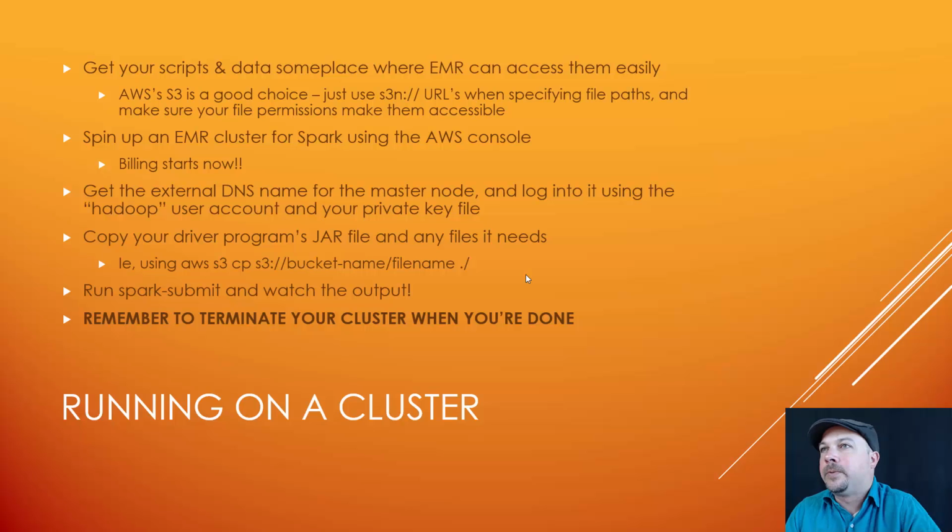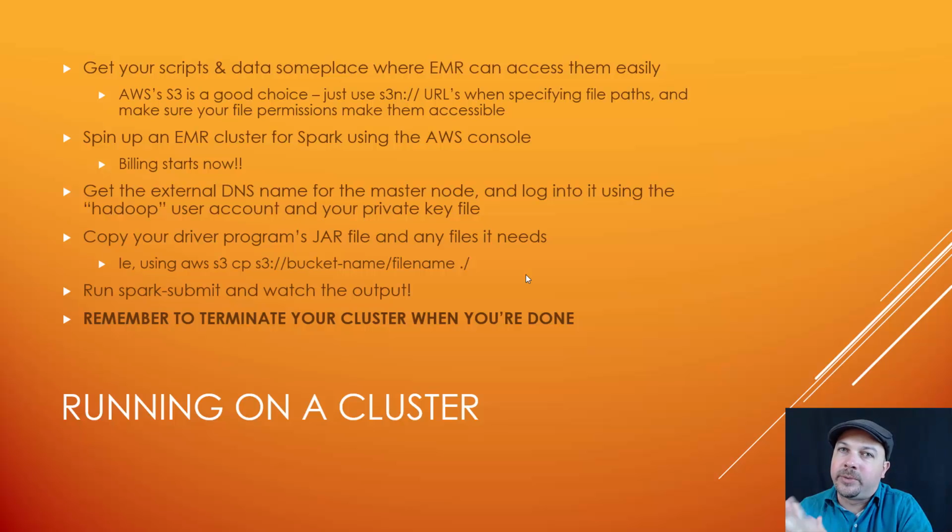Obviously, you want to make sure that your data itself is also someplace accessible in some distributed file store. So I put the actual movie ratings data itself, the 1 million movie rating data set, on S3 as well. And I refer to that using S3N within my script to actually read that data from S3. Now, in the real world, you might be using HDFS or something instead.